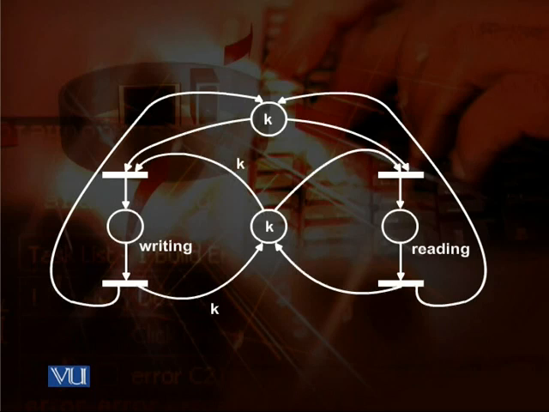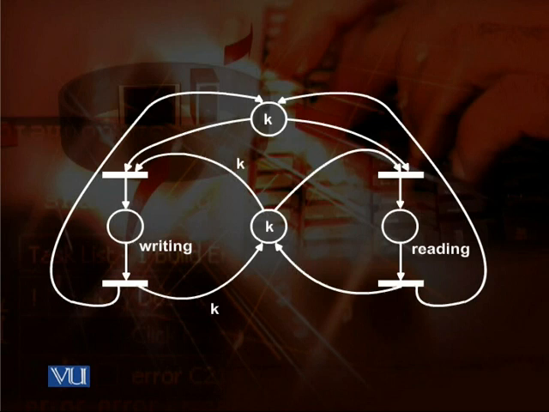So this is a reader's preference problem, a model in which readers are given preference over writers. If some reader is already reading, then we let other readers come in, even if some writers are waiting. A writer can start writing only when we have k tokens present in the central place.